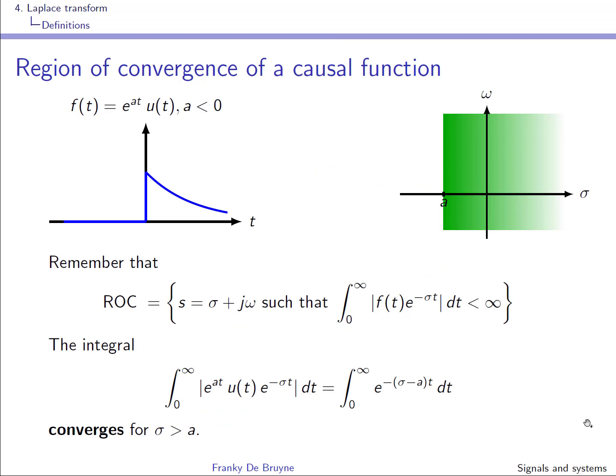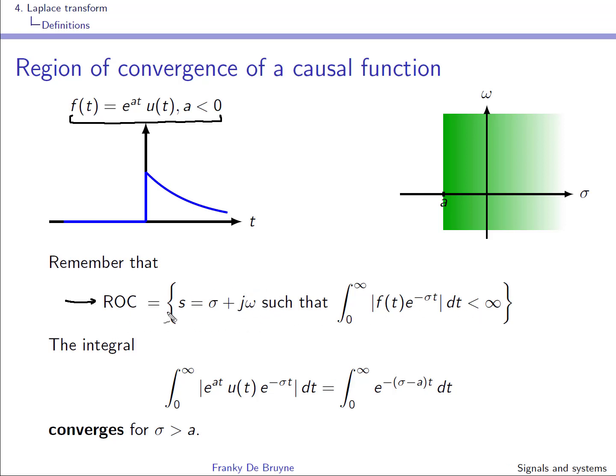Well, let's try this on a very simple causal function, which is shown over here. It's an exponential function, and we assume here that a is negative, so that it has this form over here. So we can have a look at the region of convergence of the Laplace transform of this function, and we have just shown that it is given by this set over here.